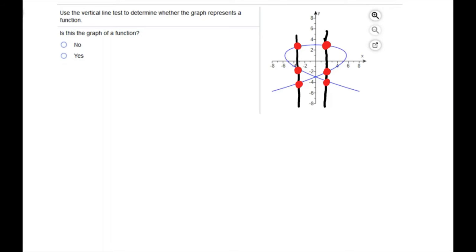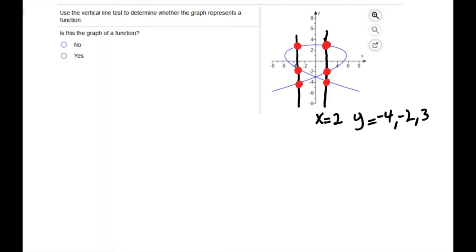So what that means is that I've got an x value. So for example, in this spot here, I've got an x value of 2, but y values of -4, -2, and 3.